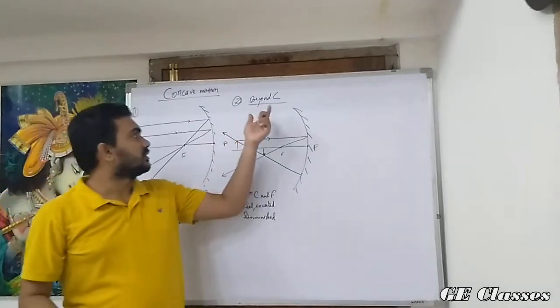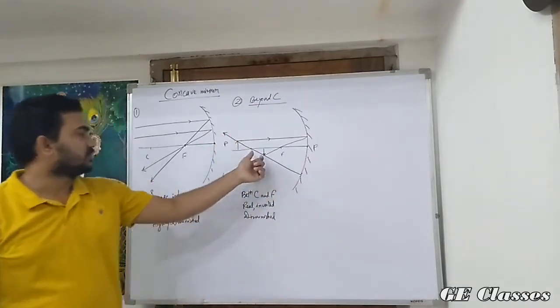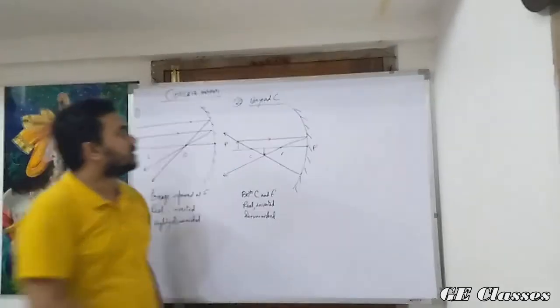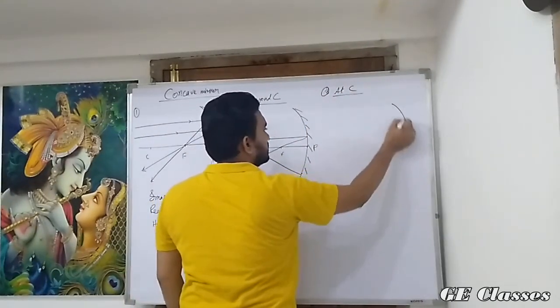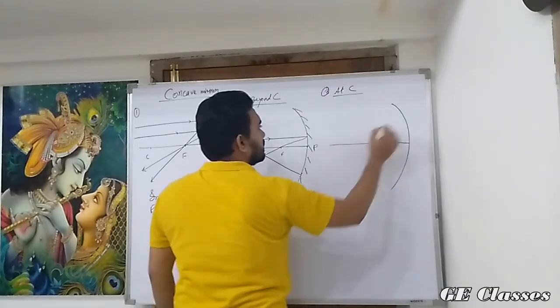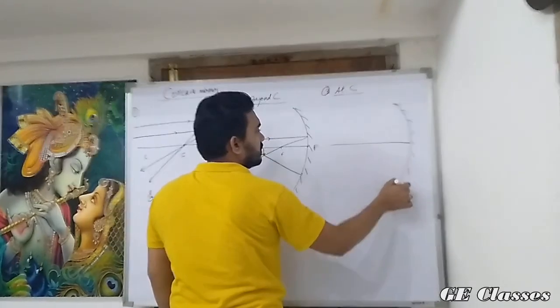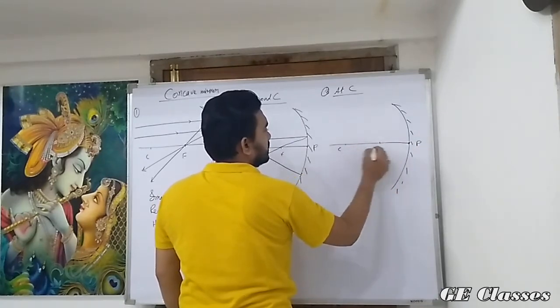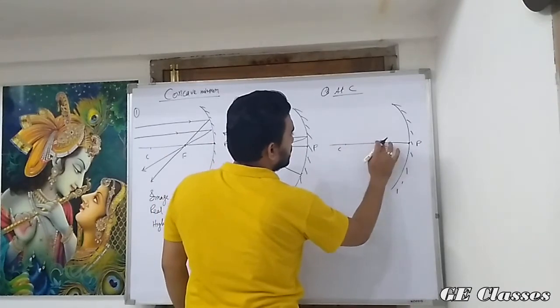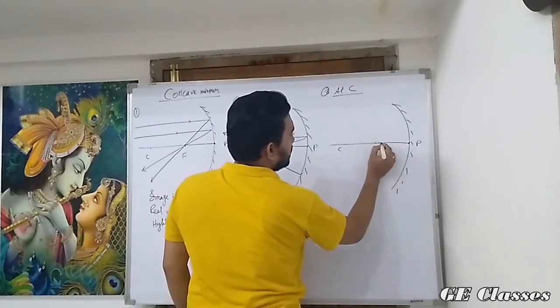Next we take the object a bit closer, to the position at C. We will place it at C. We take the mirror, this is the opaque part, this is pole, focus, center. If we place it there, it should be midway.